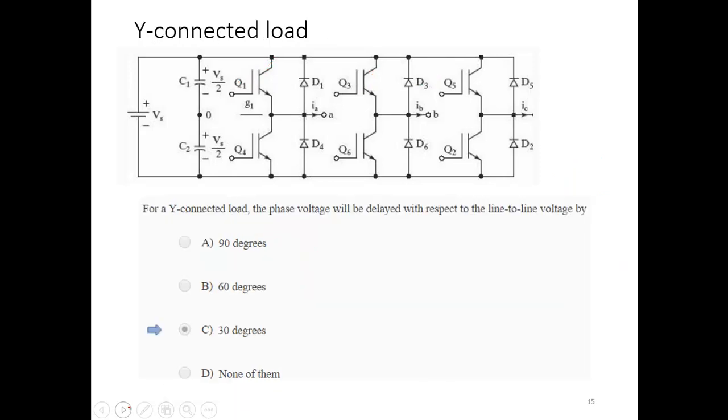For the Y connected load, the phase voltage is delayed relative to the line voltage by 30 degrees, because if you look at the phase angles, you have the phase voltages VAN, VBN, VCN.